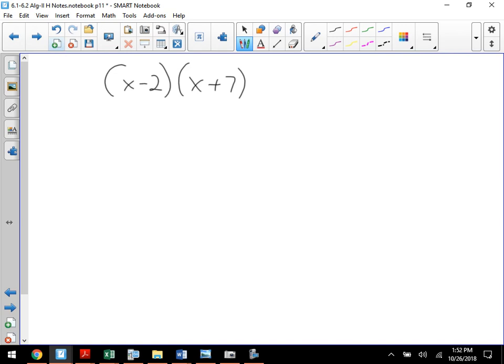If I FOILed that out, I would get x squared plus 5x minus 14. Are you guys okay with that? Okay. Now, I'm just working this in reverse real quick. What are the zeros of that?